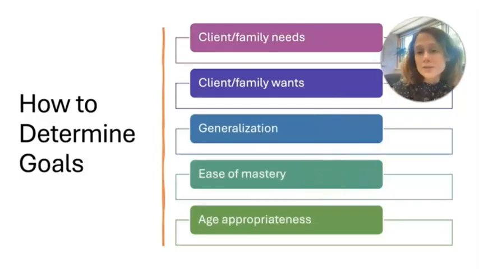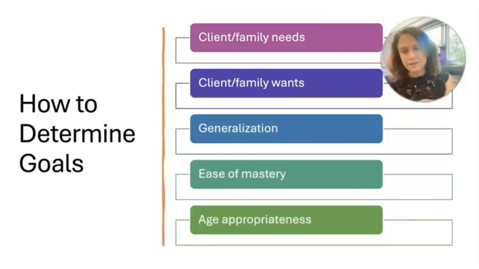Okay. We also don't want to have our goals be so complex and difficult for the client to achieve that they become discouraged. So there should be some ease of ability. It should be right at that edge for the patient or client where there's some challenge there, but it's not so challenging that every time they do it, they're unable to achieve it. So there's got to be some ability to do the target behavior.